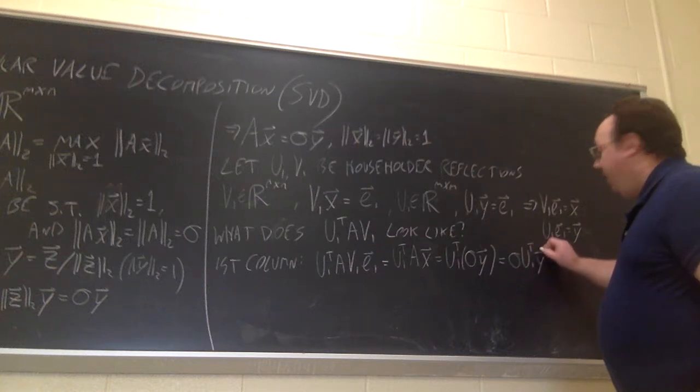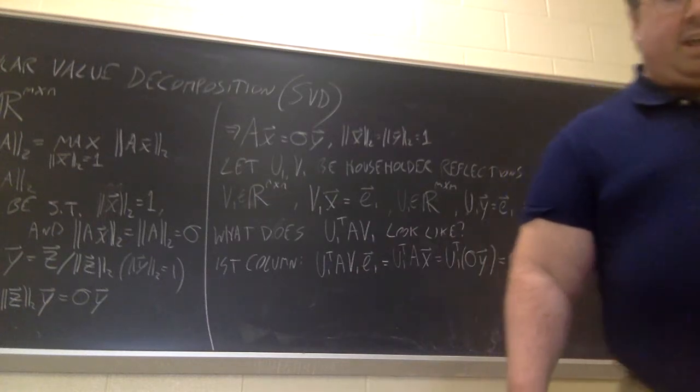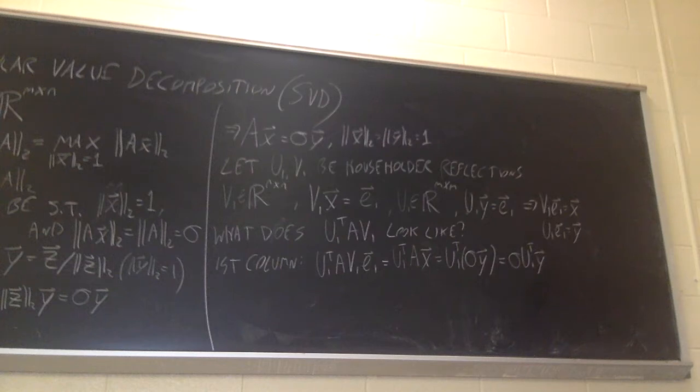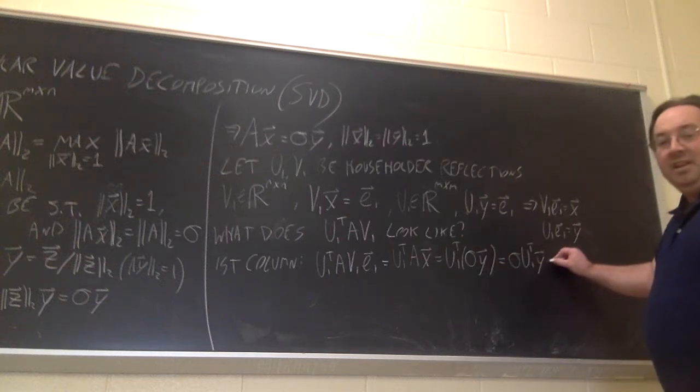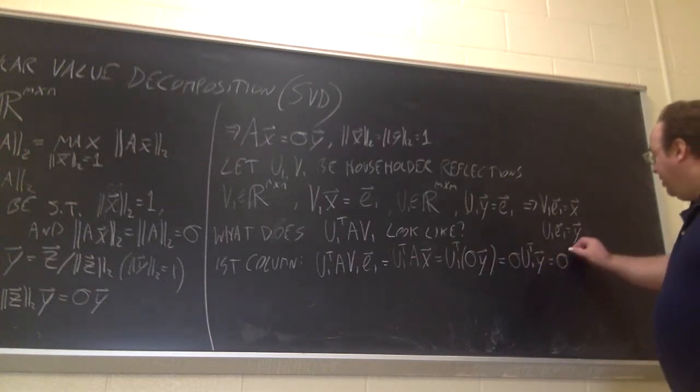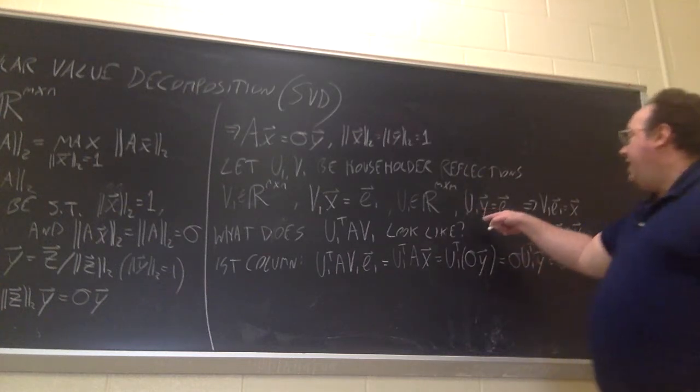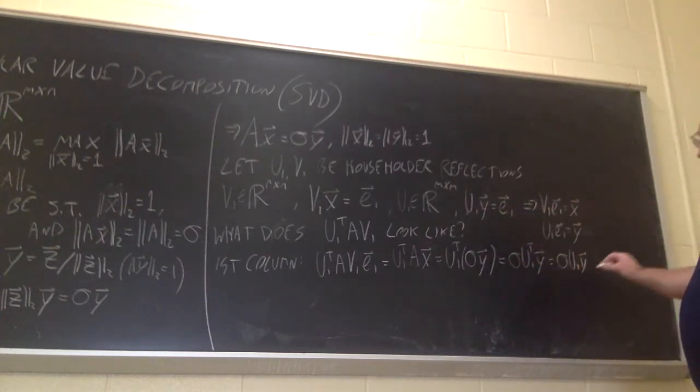So that's sigma U1 transpose y. Now, what else do we know about Householder reflections? If you were all here, I would just wait for you to answer, but hopefully, for you not being here, I can move things along faster. It's symmetric. So it's sigma U1 y, but U1 y is e1.